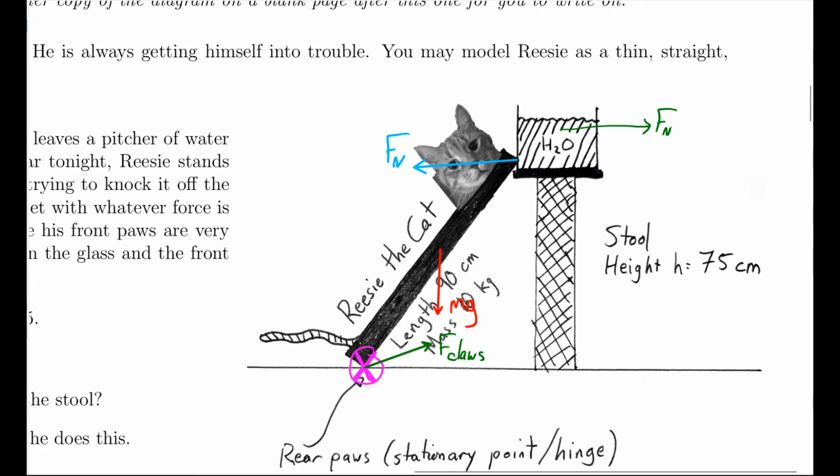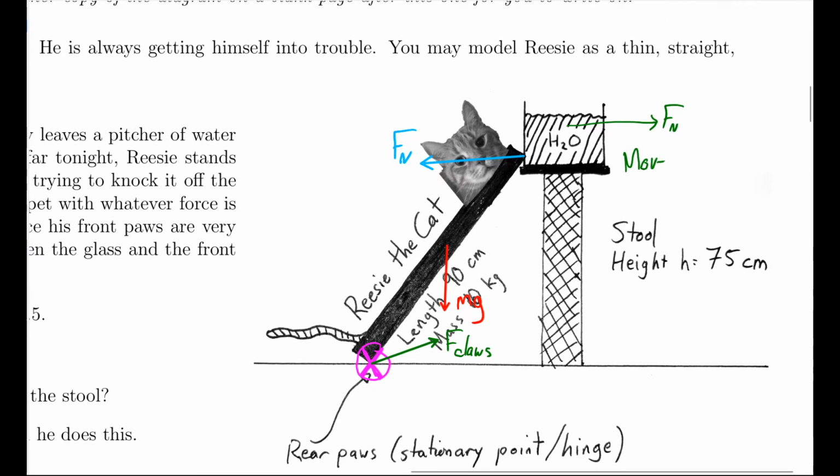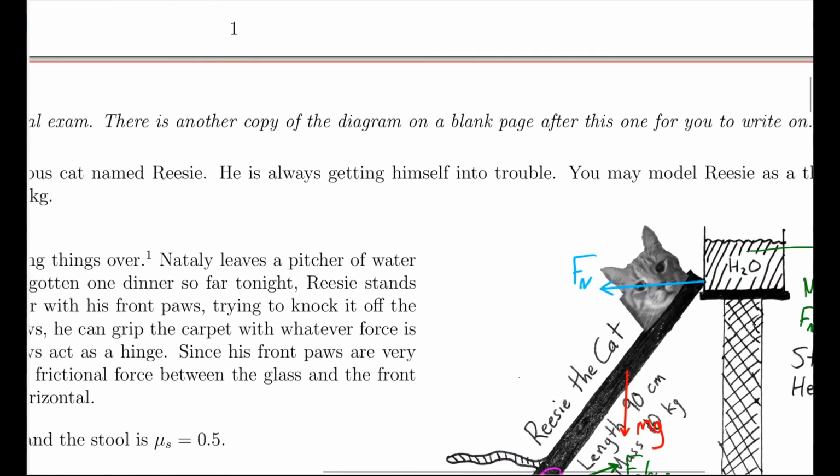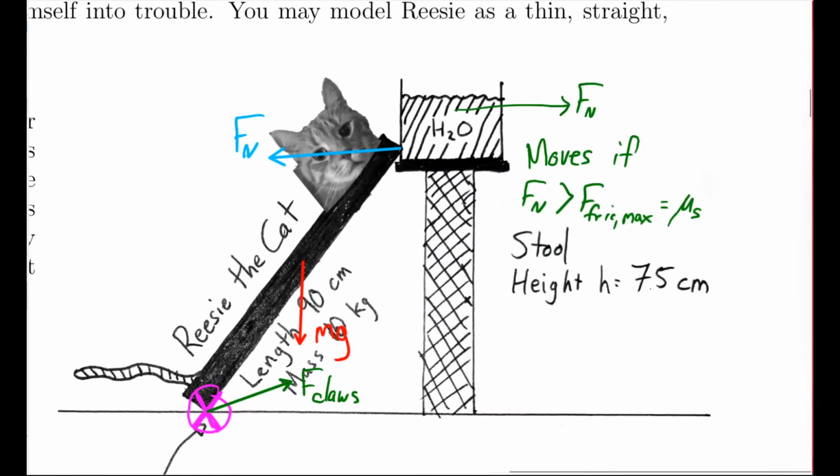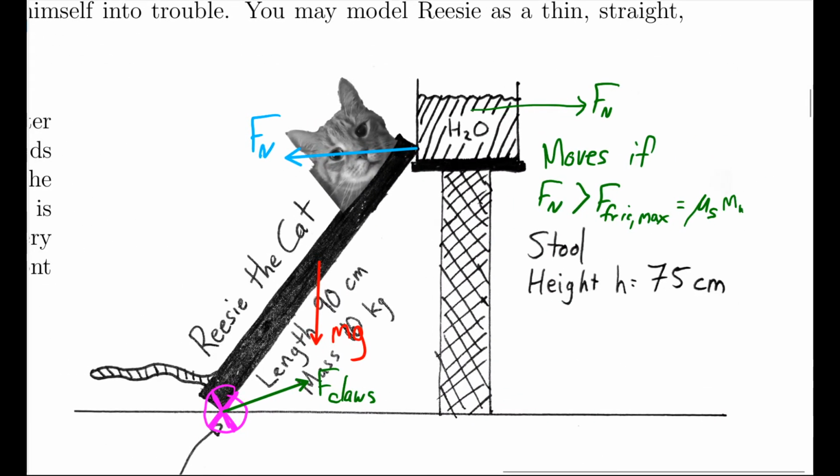And the water will spill off the pedestal, it will shift, if the normal force is ever bigger than the maximum force of friction, which is mu s times the mass of the cup of water. We'll write that as m sub w times g.